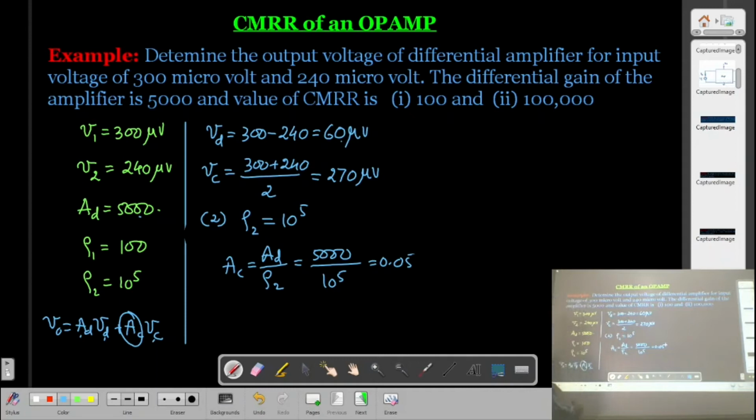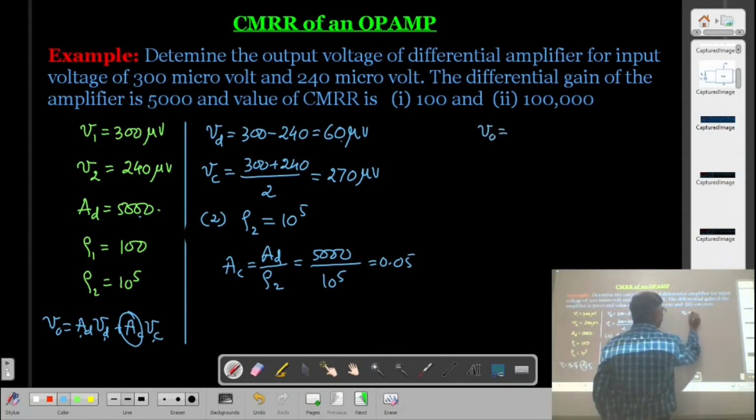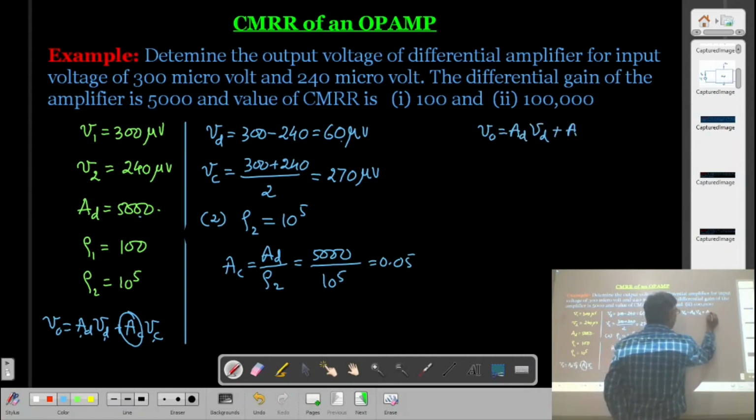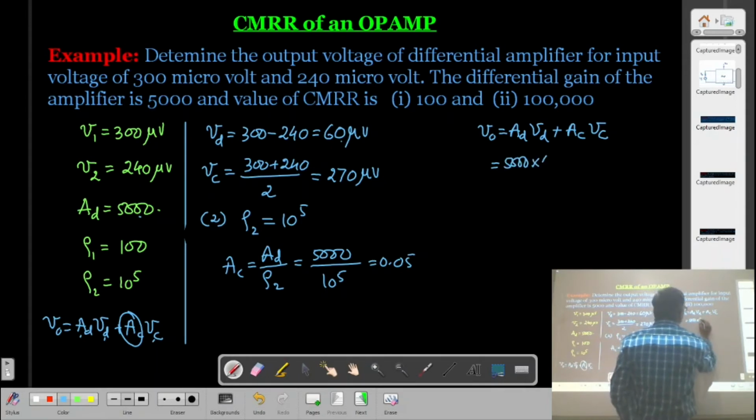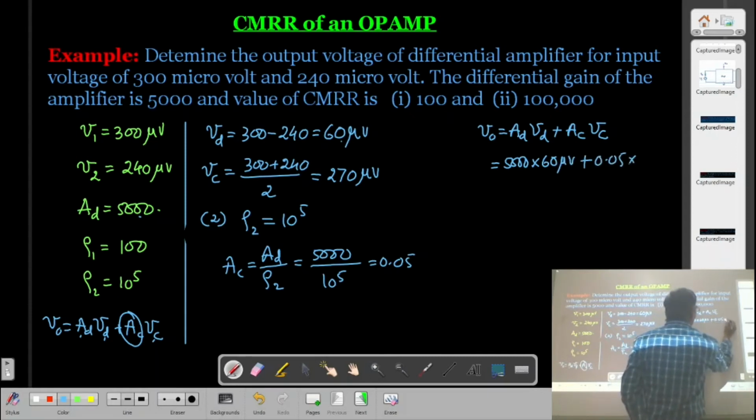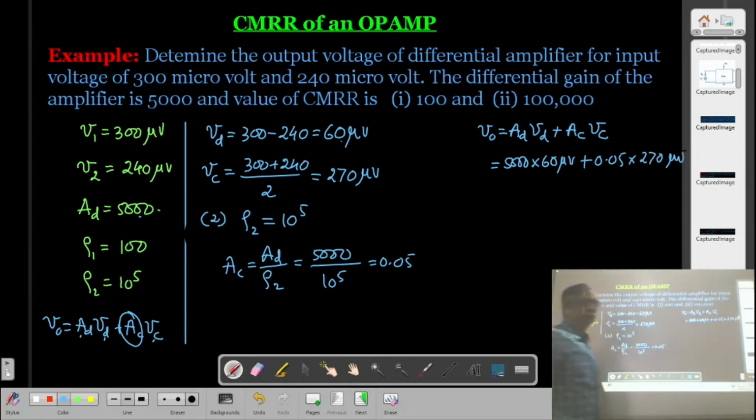So the output voltage is equal to AD into VD plus AC into VC, and we can calculate this: 5000 multiplied by 60 microvolts plus AC is 0.05 multiplied by 270 microvolts.